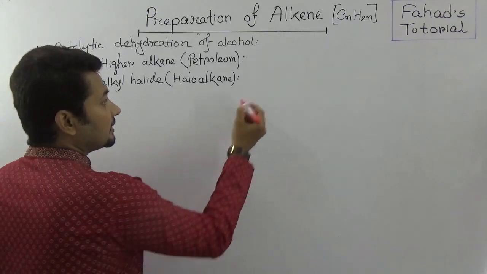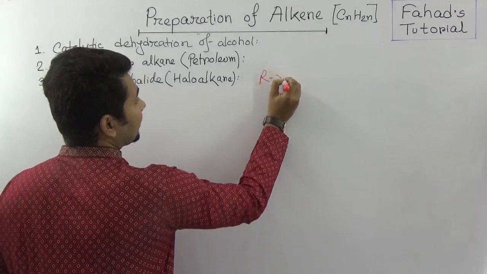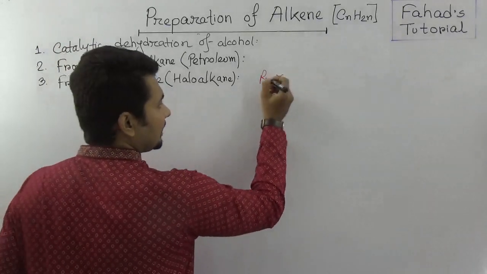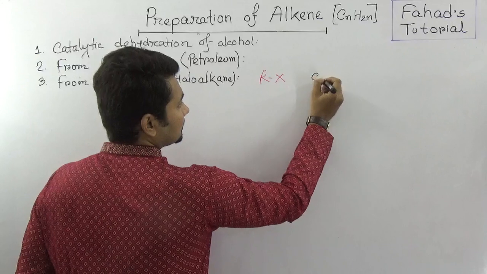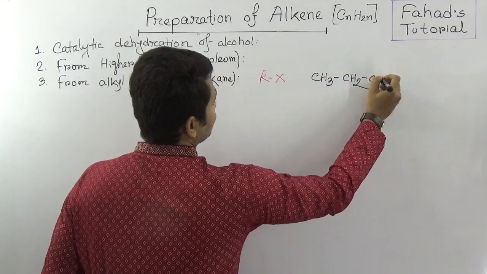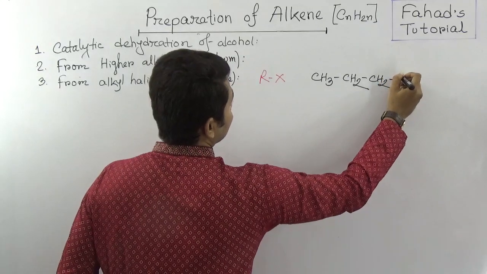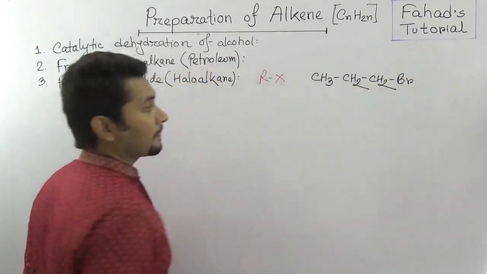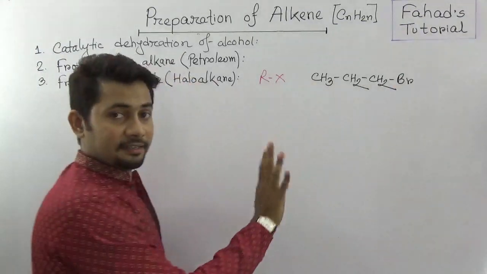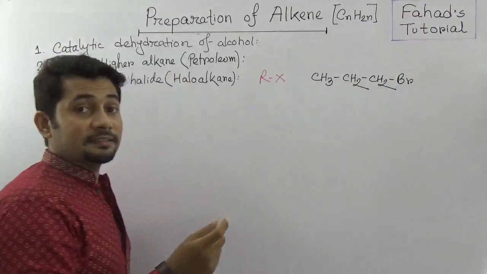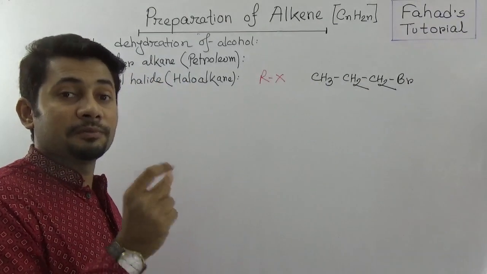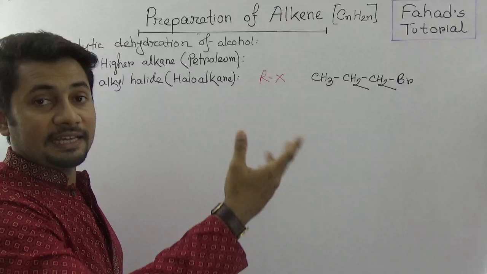Haloalkane means RX. R means alkyl. So suppose CH3, CH2 bromide. What is the name of this compound? I hope you know that this is alkane, and as this is halide, bromo, and there are 3 carbons, that is bromopropane. So this is alkyl halide.